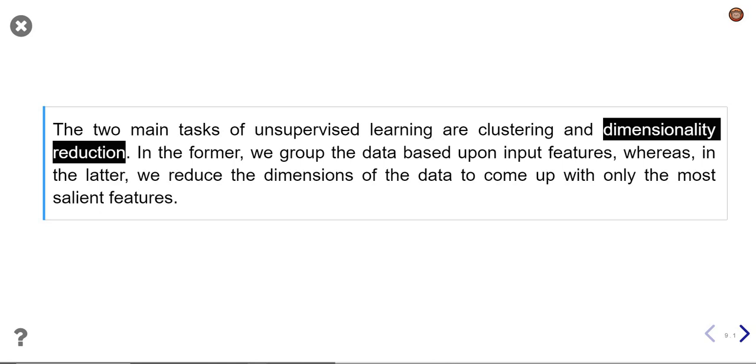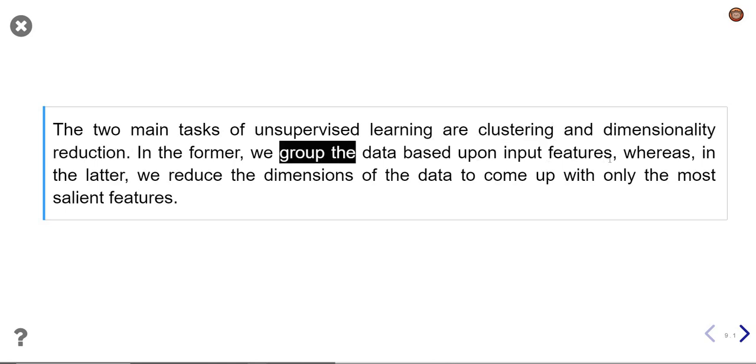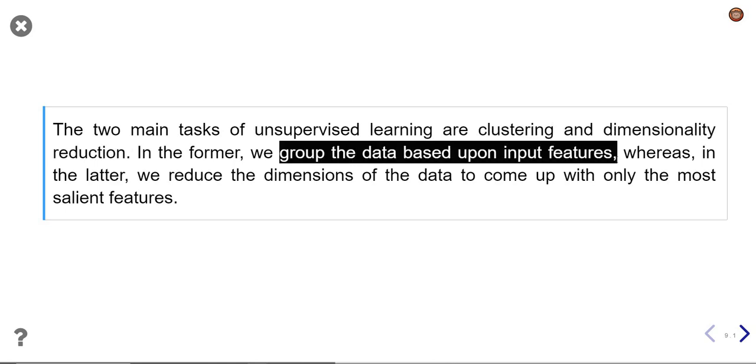Dimension reduction means in terms of the columns, not in terms of rows. So you have a lot of columns. How can you try to reduce those columns? You're not reducing the rows. So we will see that. Under clustering, we will try to group the data based on input features, whatever input, like the sepal length and width.